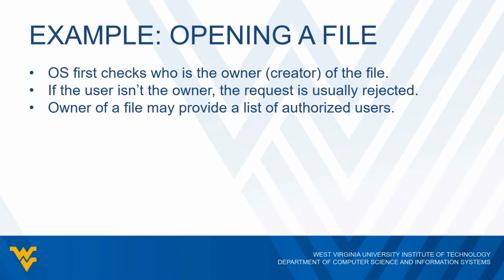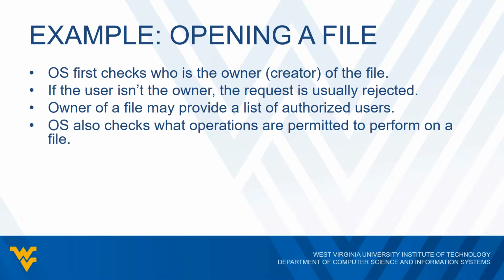And like the password file, these authorization lists are highly sensitive files, and the operating systems will store them in an encrypted format to make sure that no one can just get a hold of it and see the permissions right away. So most operating systems not only determine whether you are allowed to access a file, but they'll also check what operations you are permitted to perform on that file.